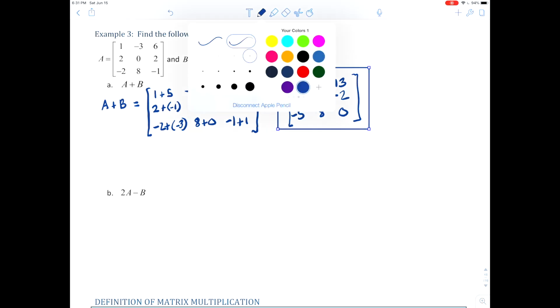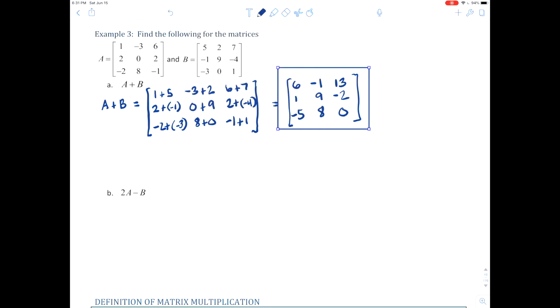All right, so next up, we've got our 2 times A minus B. So 2 times A minus B equals 2. Well, by definition, what is 2 times A? You can bring that constant in. So I'll do more work on this one.